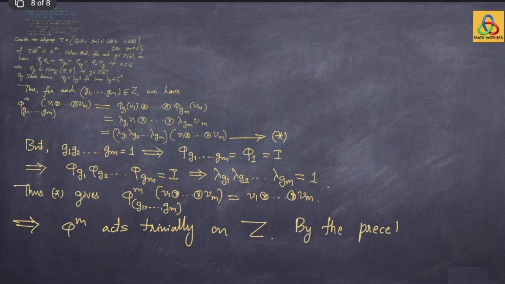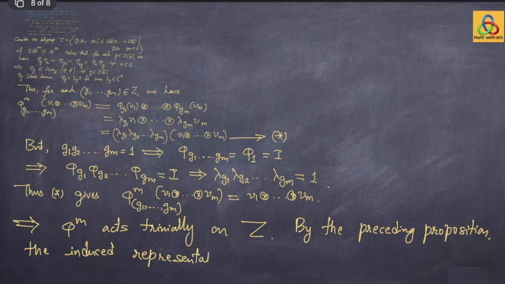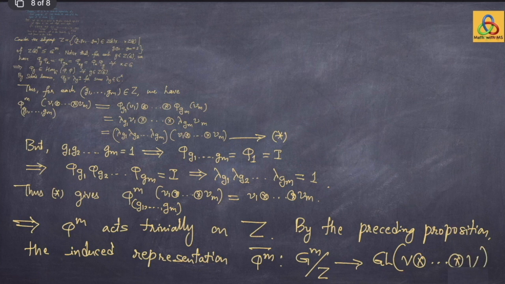Therefore, by the preceding result, the induced representation phi m bar from the m-fold Cartesian product of G mod this subgroup Z to GL of the m-fold tensor product of V with itself is irreducible.